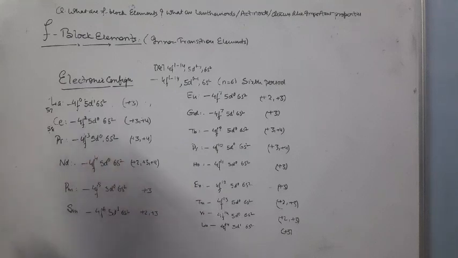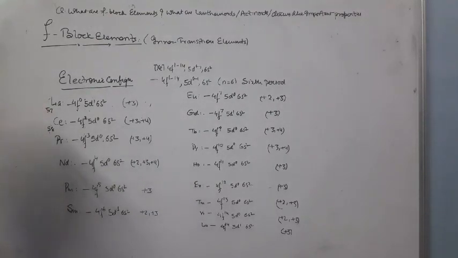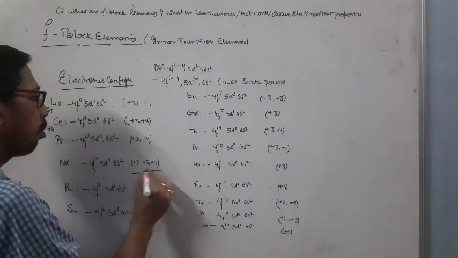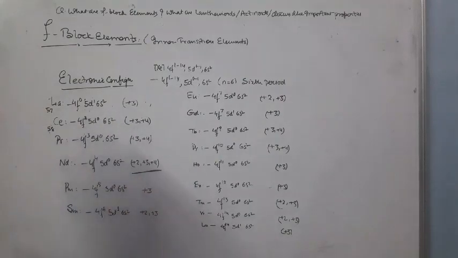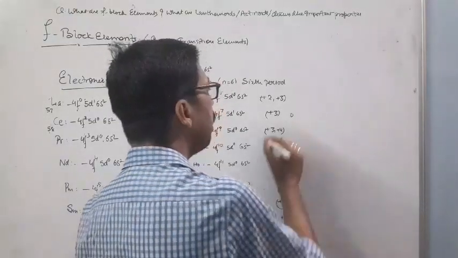Similarly, some of the lanthanides have a tendency to show oxidation states of +3 and +4. In some cases, the oxidation states are +2, +3 and +4.